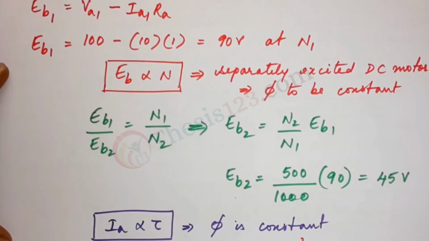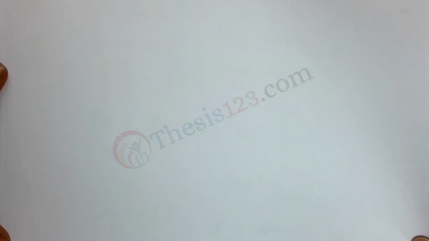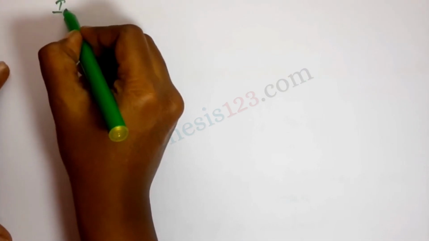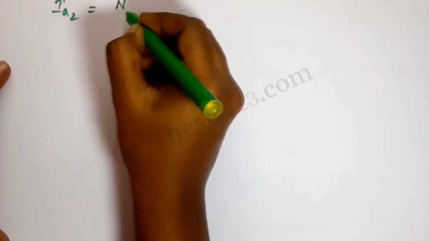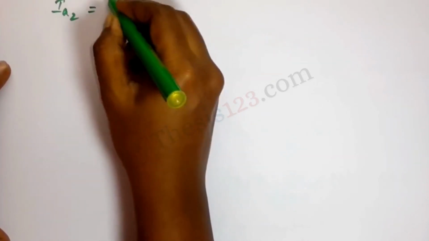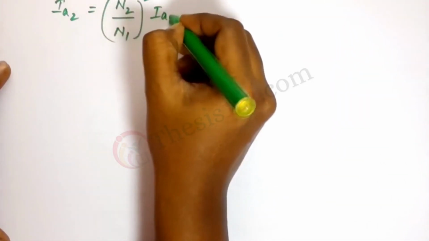I hope this is clear so far. Now all we have to do is substitute the values for IA1, N1, N2 and find the value of IA2. IA2 now equals N2 by N1 whole square into IA1.